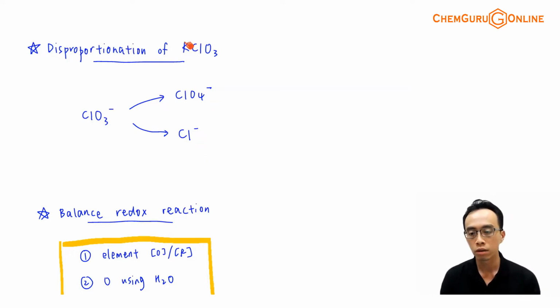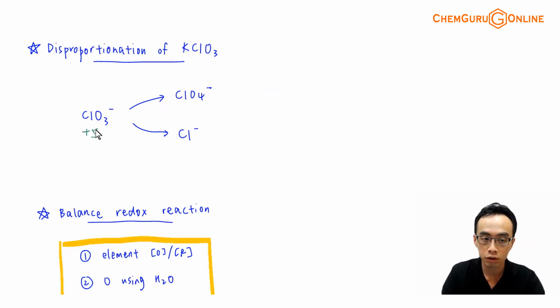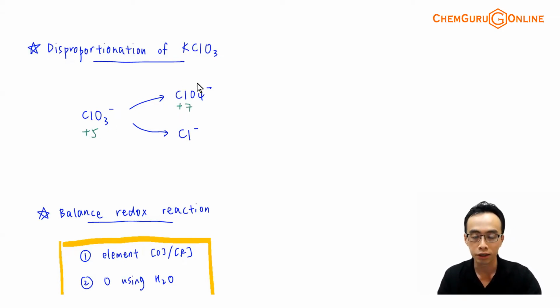Now, how do I determine which is oxidation and which is reduction? One way we can do that is by considering the oxidation state for each of these species. We should know that the oxidation state for chlorine in chlorate(V) will be +5, and the oxidation state for chlorine in chlorate(VII) will be +7. Since there is an increase in oxidation state for chlorine from +5 to +7, I know that this is an oxidation, because oxidation is an increase in the oxidation state.